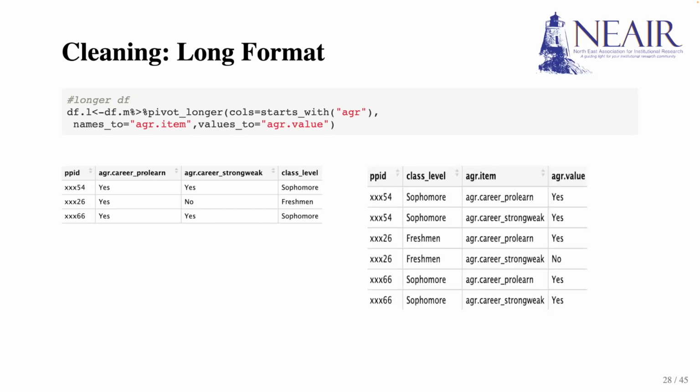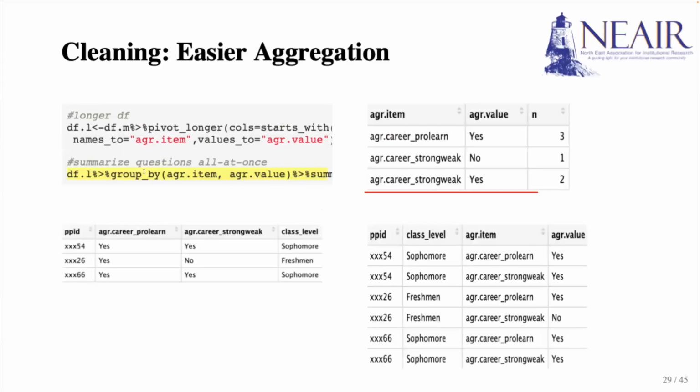After the transformation, we get a longer data set. Each student now has multiple rows, with each row representing their answers to a different survey question. This transformation allows us to summarize all the survey questions at once, since the survey questions are now in the same column.